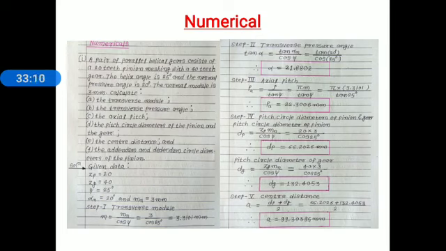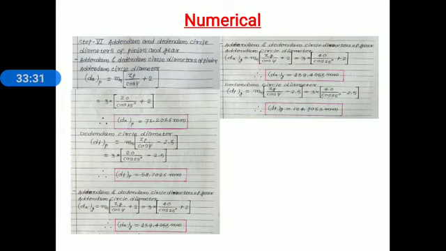And the last parameter is the addendum and dedendum circle diameter of pinion. Addendum circle diameter is denoted by letter d suffix a suffix p for the pinion. Now we know the expression: normal module inside the bracket z suffix p divided by cos psi plus 2. Just substitute the values. Normal module is 3, number of teeth on pinion 20, cos 25 degree plus 2. Simplify and we get the addendum circle diameter of a helical gear, and the addendum circle diameter is 72.2026 millimeter.